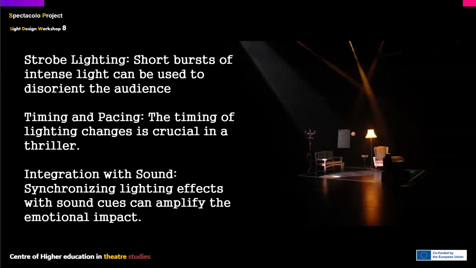Especially if we have a gobo with thunder in one of our strong projectors, we can also have those lines that thunder creates in the sky when we have a tempest, for example. That's what I have to say about the mystery and thriller mood in light designing.